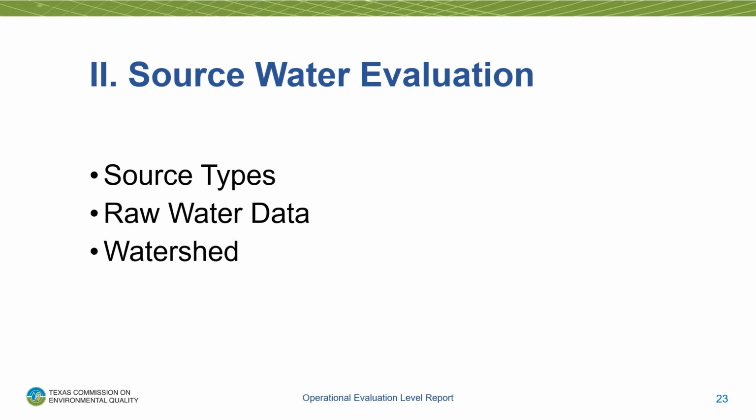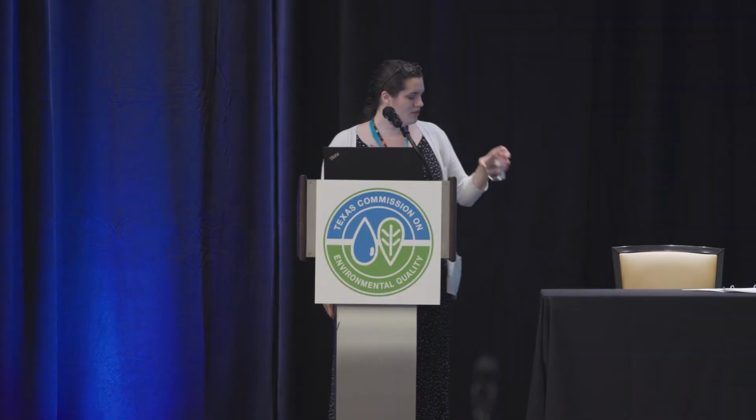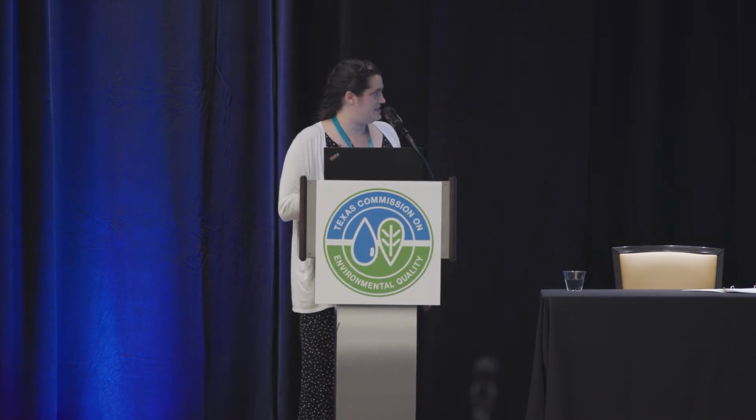So last year, we actually saw an influx in DBP issues. It was due to the two major rain events around the East Texas area. We had a lot of lakes that were turning over, and it was causing a lot of DBP issues because they weren't used to seeing some of these organics that they were seeing, and some of the quality changed due to those rain events, those flood events, and that turnover that we would see.